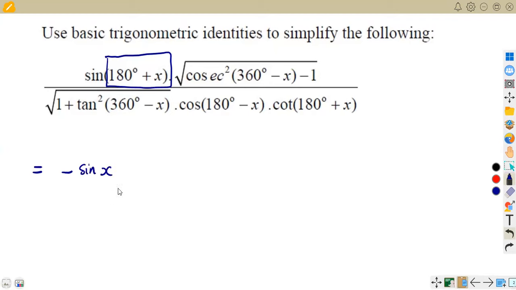All right. Then we are going to have the square root of cosec squared 360 degrees minus x. So remember that what we need is what is affecting cosec, because here there is 360 degrees minus x. The cosec has to be affected with the equivalent of that cosec that we are given in this case.